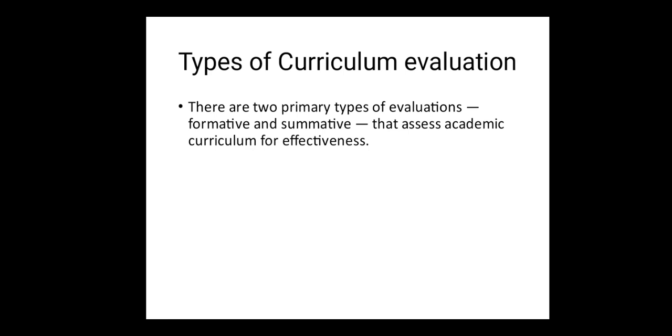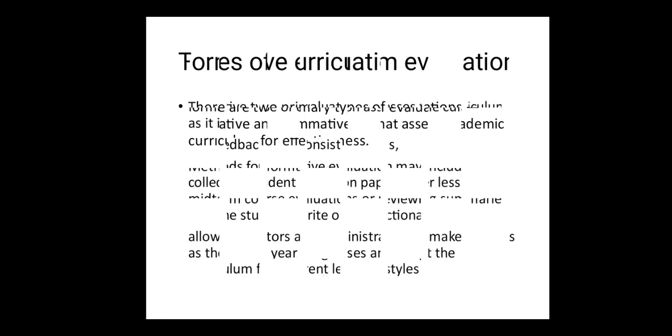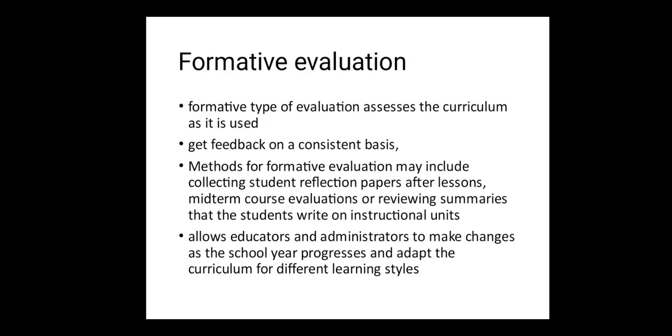Formative evaluation is a continuous process of evaluation in which it assesses the academic curriculum for its effectiveness. And summative evaluation is an evaluation at the end, as in the case of term-end examinations. Similarly, it is a program-end evaluation.